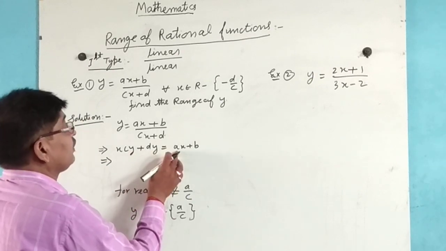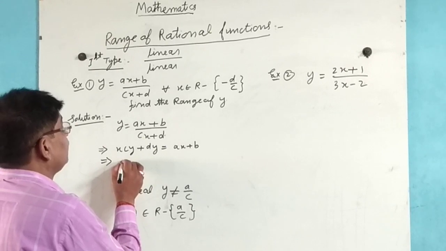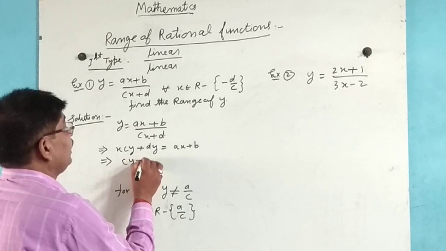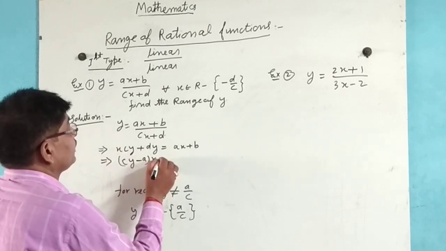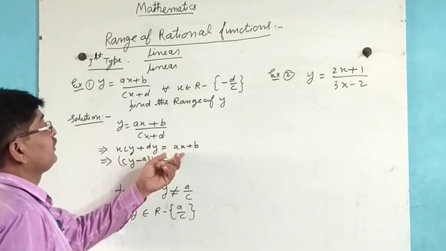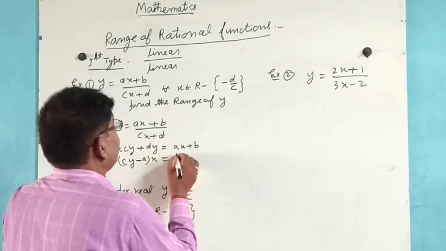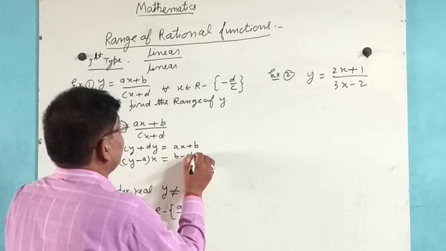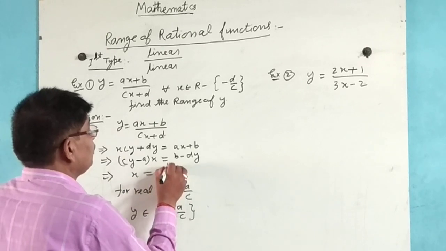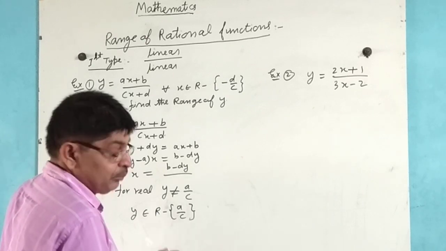Bringing terms together, cyx minus ax, where x is common, so (cy minus a)x equal to b minus dy. Now x equal to (b minus dy) divided by (cy minus a).